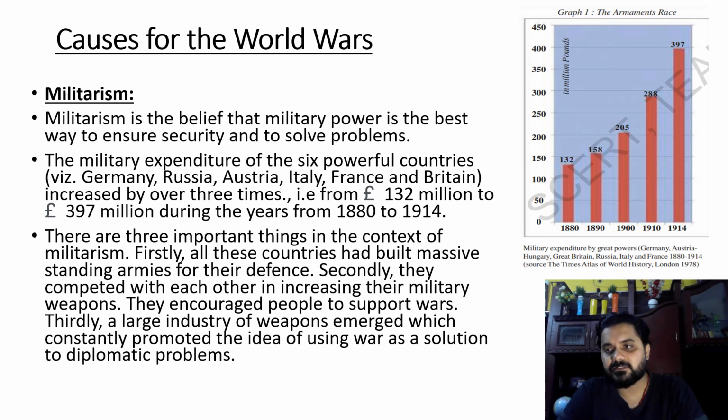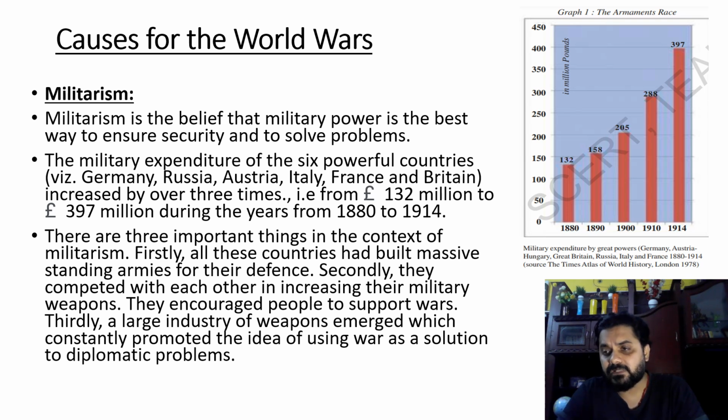In 1880, the total expenditure was about 132 million pounds and it increased to 397 million pounds in the year 1914. So there is an increase of almost three times.